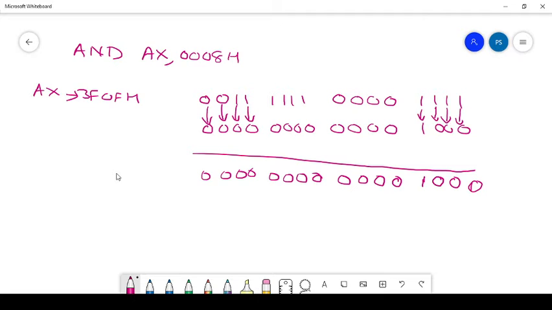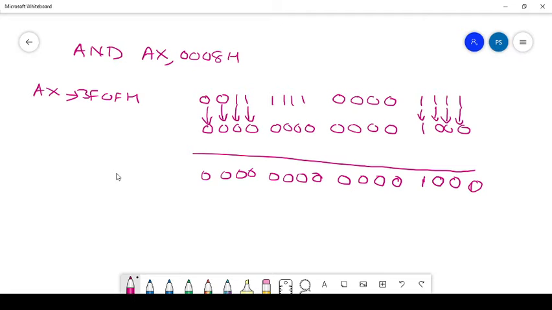In a similar way, if you have another instruction, AND AX comma BX, assume that the AX content is 3F0FH, that is 0011 1111 0000 1111. Maybe the BX content is A235H.